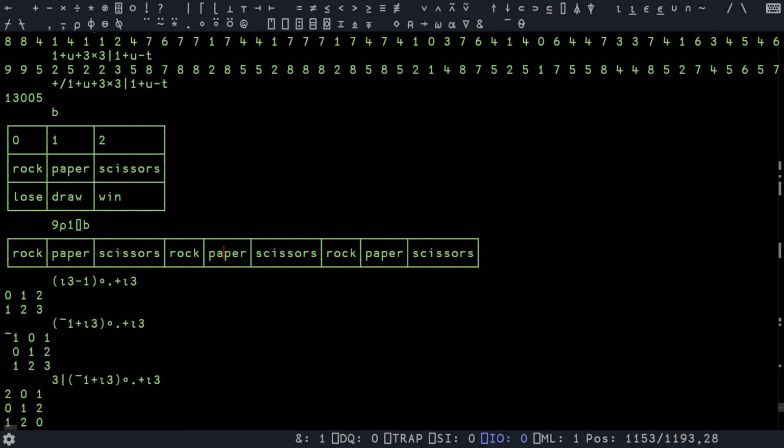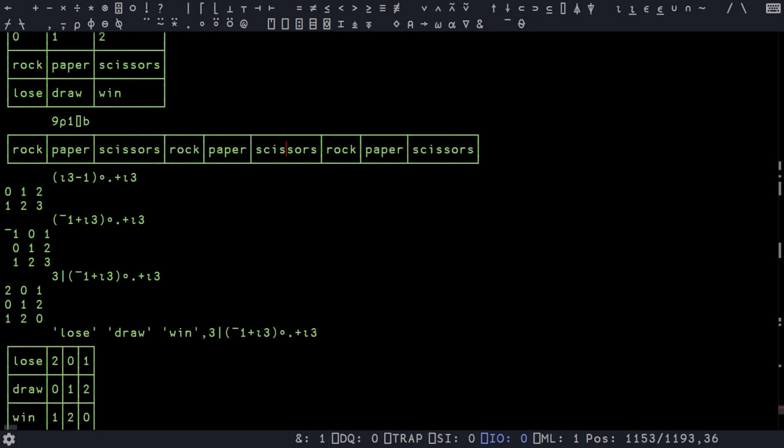So like if they throw paper and we want a loss, then we have to do -1 to get rock. If they throw paper and we want to draw, then we do +0 to get the same result. And if they throw paper and we want a win, then we add 1. So our moves are going to be in this -1, 0, 1 range.